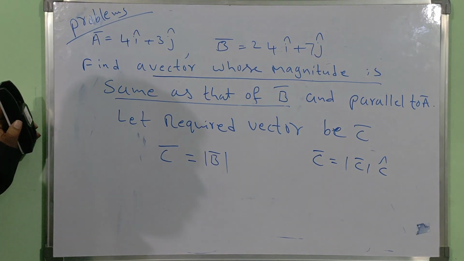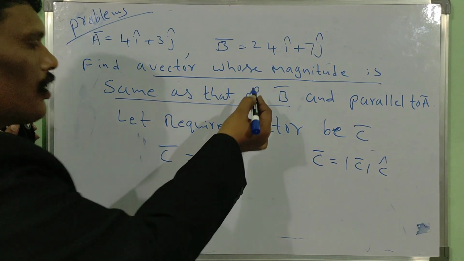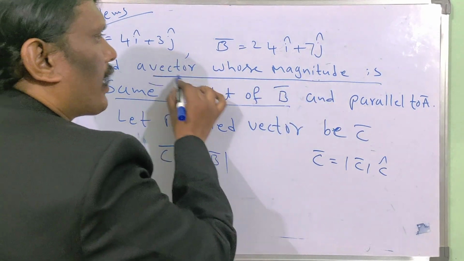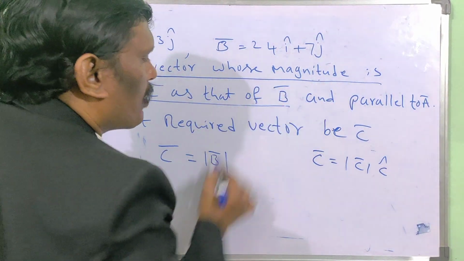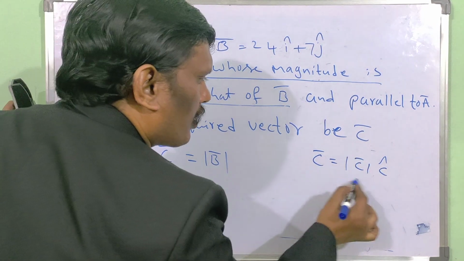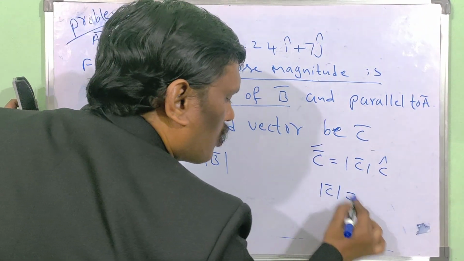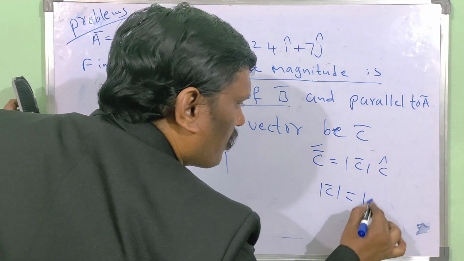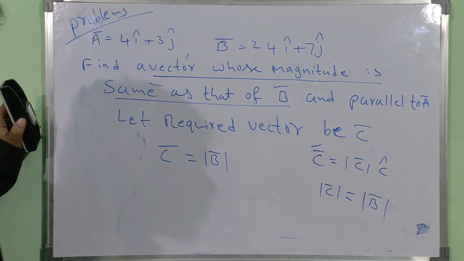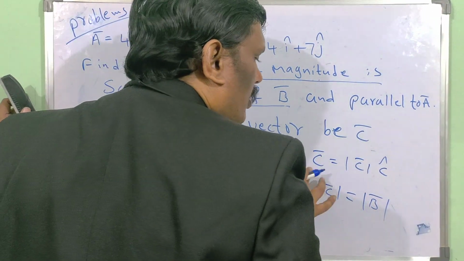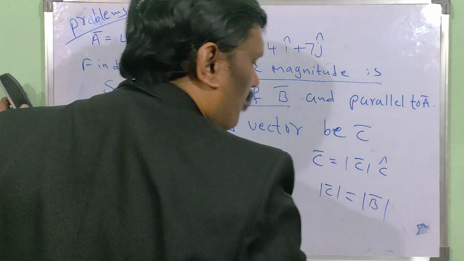This is the situation. According to the given problem, the required vector C bar has magnitude same as that of B bar. C bar vector means its magnitude times its direction; the product will give the C bar vector.